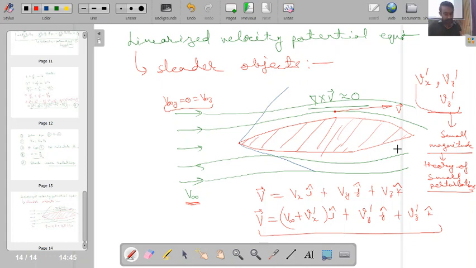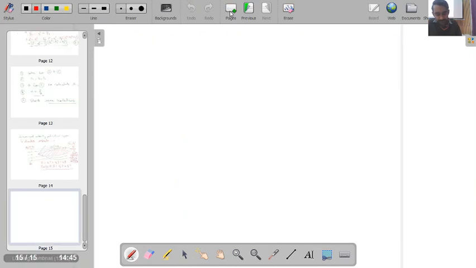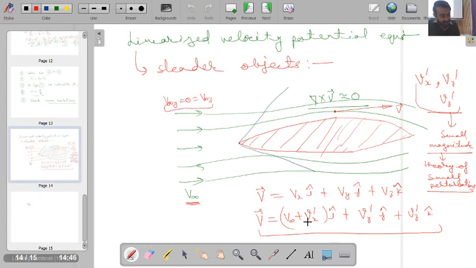Okay, so now we know that V infinity is the velocity in x direction, and I can write it as del phi bar by del x. So what we have is the total velocity in x direction, if you see from this velocity field.